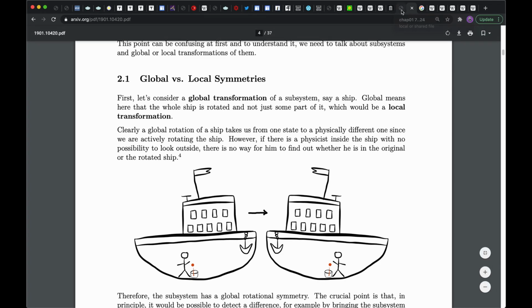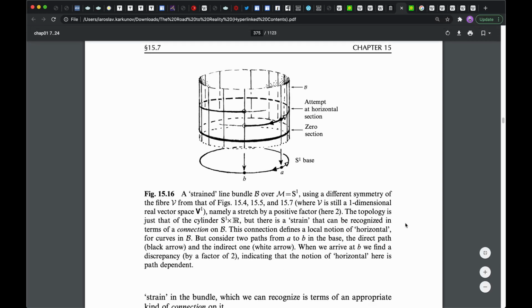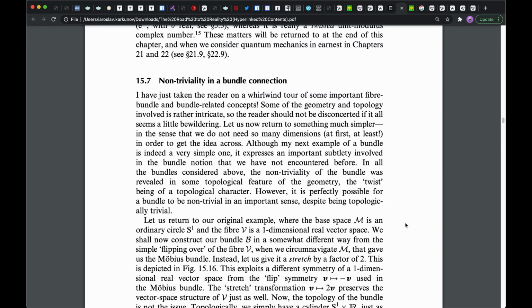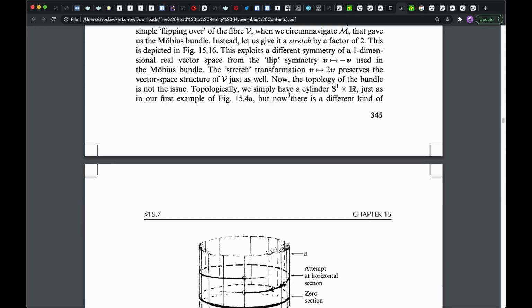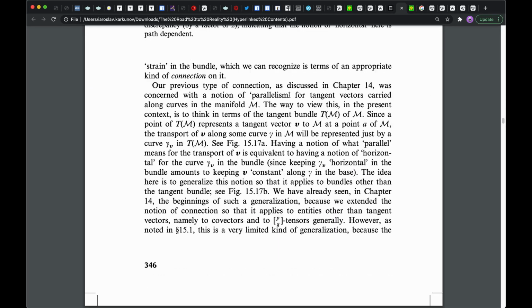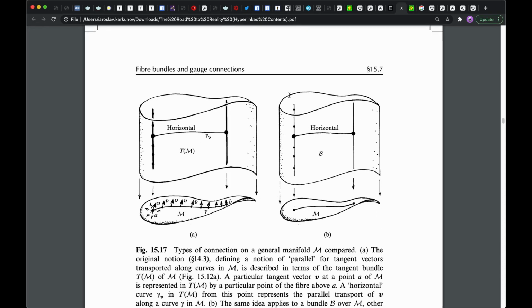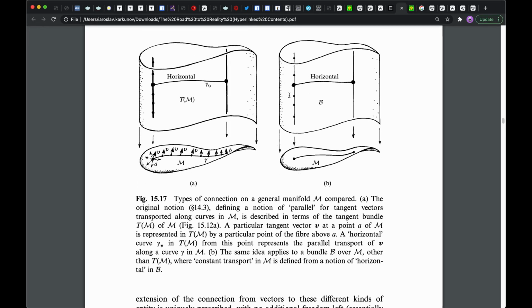So let's switch to the book and take a look at chapter 15. I just want to go through that at a really fast pace. In 15.7 we introduced what is called non-triviality in the bundle connection, and the basic idea here was first of all to transfer the notion of the connection from the manifold to the fiber bundle.